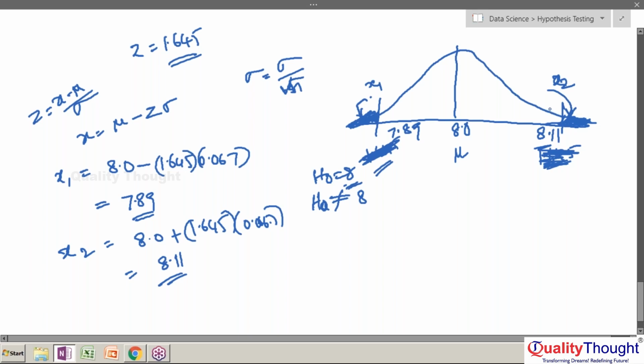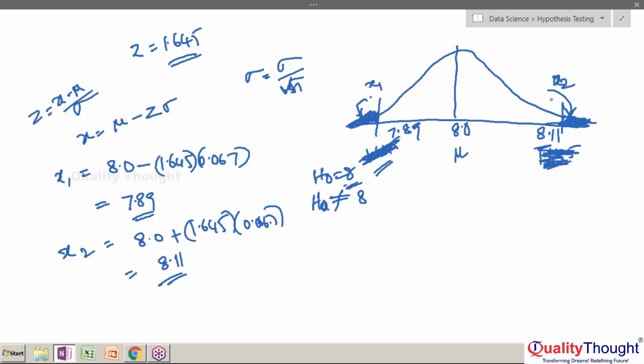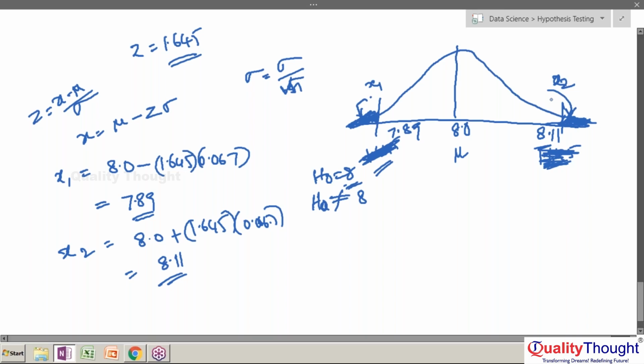So here, the reasoning is that if the true average amount of fat per serving was 8 grams, then there would be less than a 10% chance that a sample of size 5 would produce a mean of either 8.11 grams or more, or 7.89 grams or less. So you are going to have two different tails.